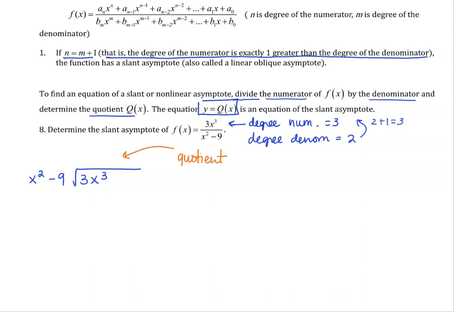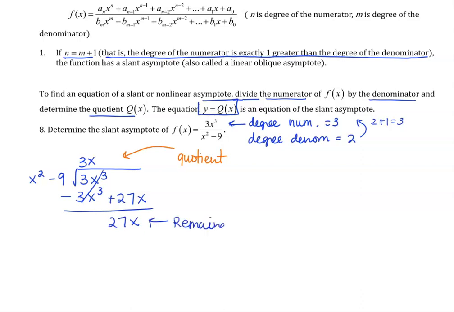So going through this division, I need to multiply x squared by 3x in order to get 3x cubed. So I have a 3x cubed down here minus 27x. I'll do my subtraction. This turns into a plus 27x. This is my remainder.